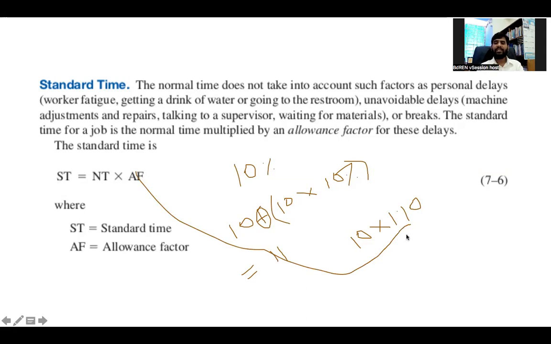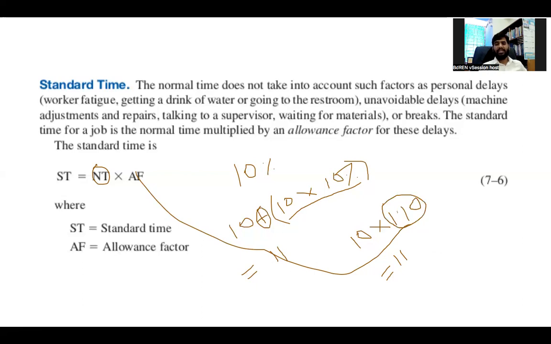The answer will be 11. So you can use plus, in which case you calculate 10% of normal time, or you can calculate the allowance factor. Allowance factor means 10% is 1.10, 20% is 1.20, 30% is 1.30.